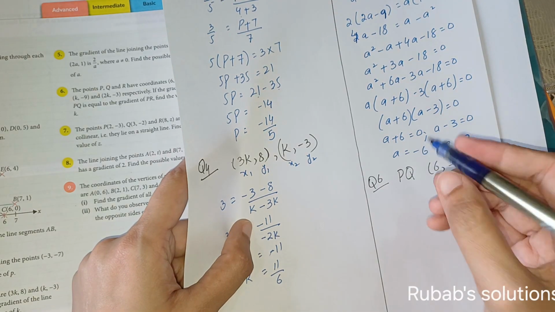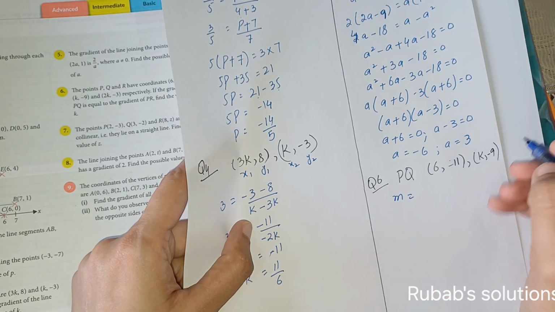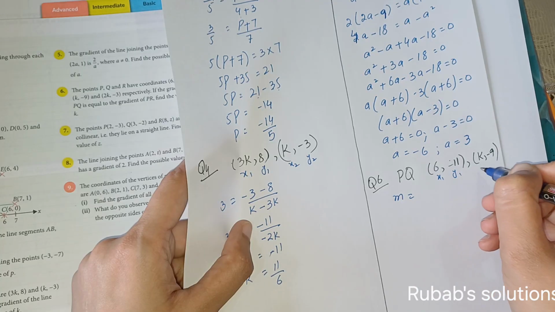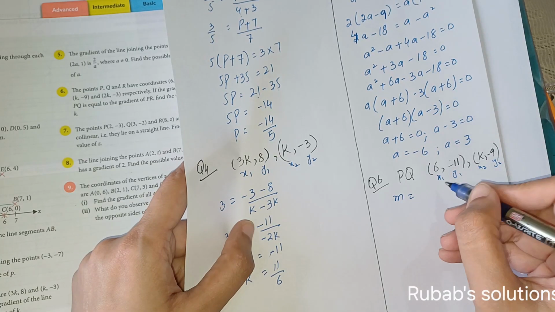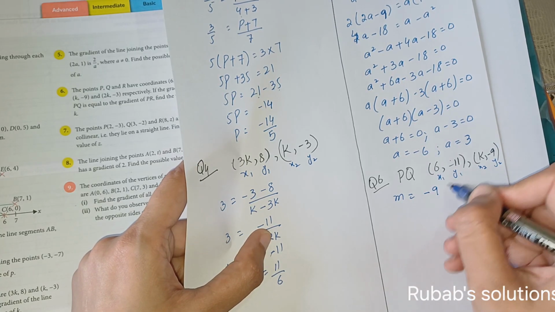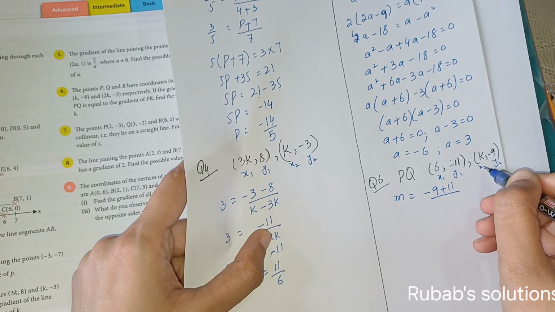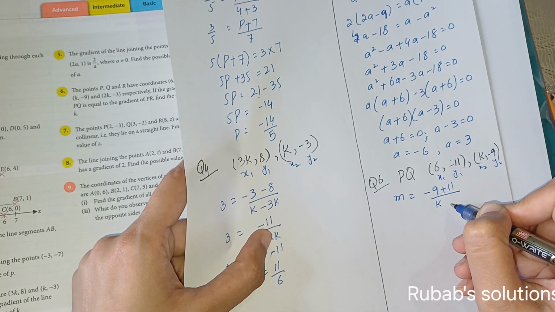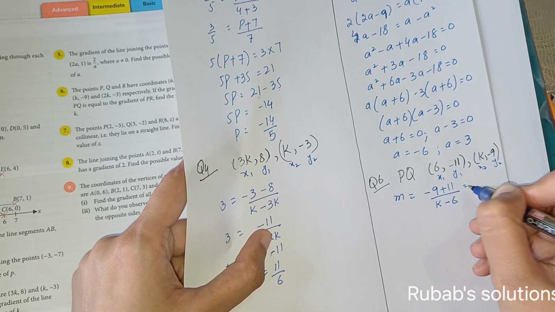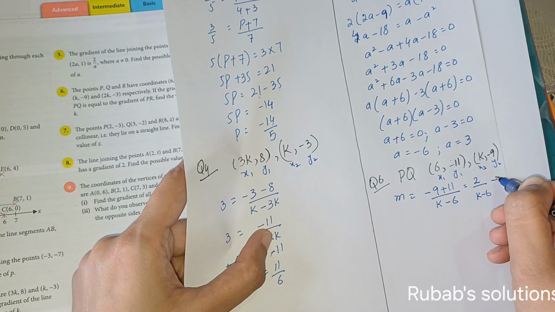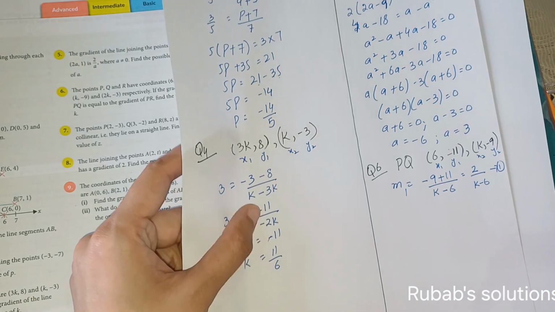Gradient is y2 minus y1 over x2 minus x1, where this is x1 y1 and this is x2 y2. So y2 is -9 plus 11 divided by k minus 6. From here 11 minus 9 is 2, divided by k minus 6. This is your gradient 1, let us call it m1.